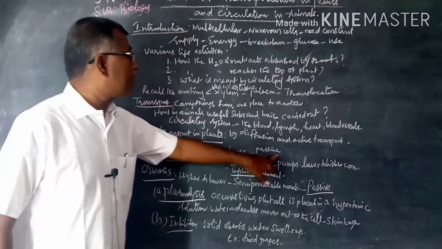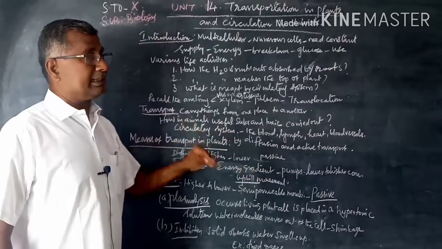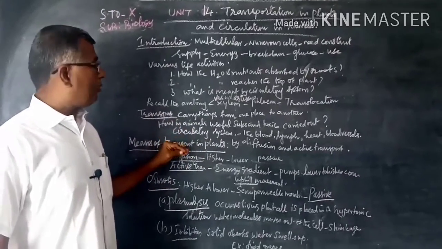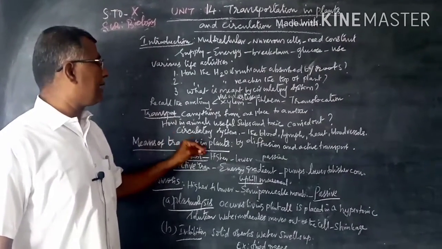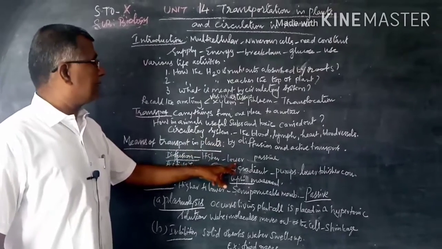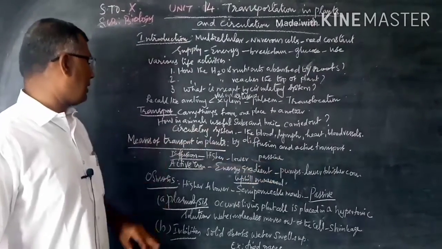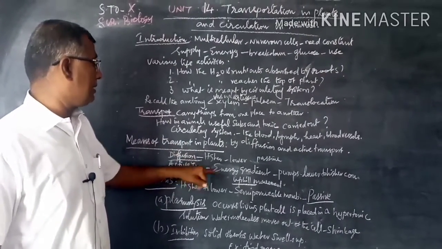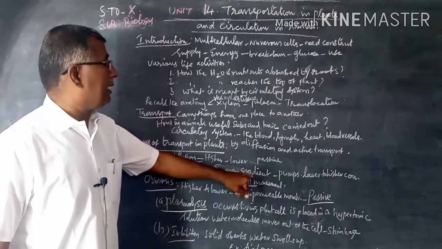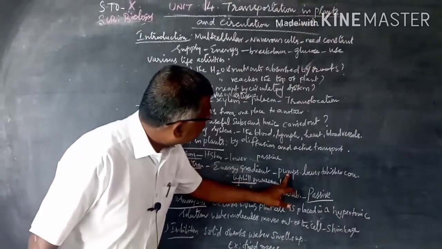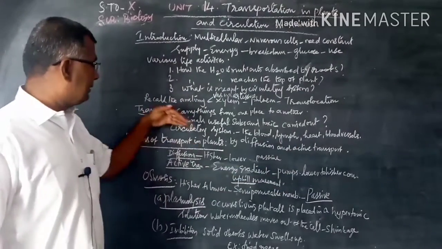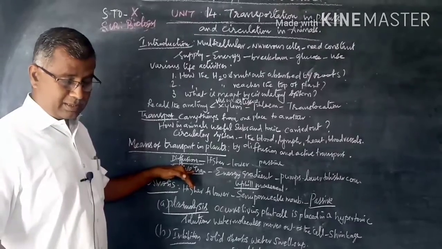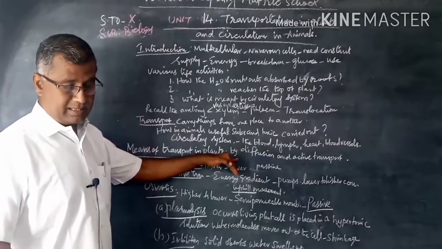What is the meaning of passive transport? Passive transport means no energy is needed for the movement of any substance from higher concentration to lower concentration. What is the meaning of active transport? Active transport must need energy against a gradient. Understand? So the pumps move the elements from lower concentration to higher concentration.